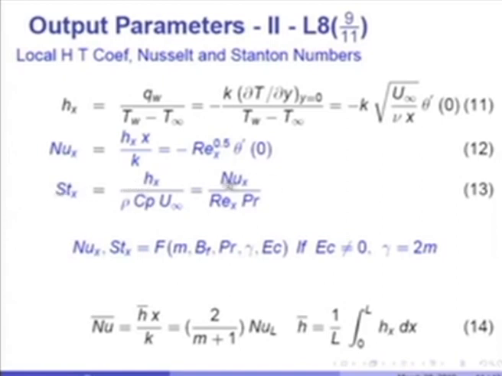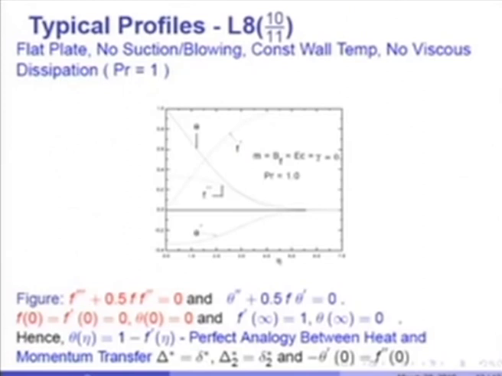It is simply Nusselt x divided by Reynolds x into Prandtl. It is simple algebra to show that if I divide this quantity by Reynolds x and Prandtl, you would get Stanton. So, then the solution is essentially Nusselt x or Stanton x is a function of m, Bf, Prandtl, gamma, Ec, with a reminder that if Ec is not equal to 0, gamma is equal to 2m. Knowing the local value of h x, you can always calculate the average value of heat transfer coefficient and average value of Nusselt number. So, here is the first solution obtained to the thermal boundary layer equation.